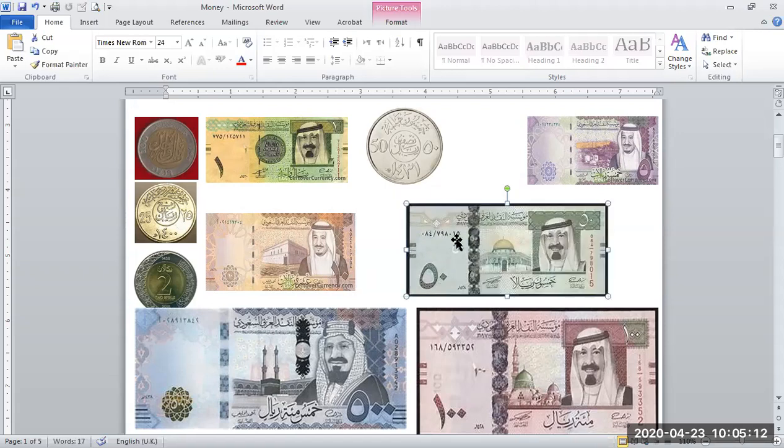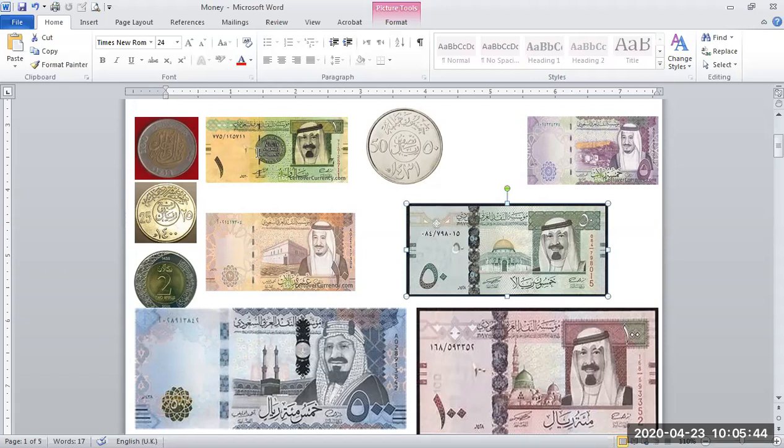Look here, this is 25 halala, and this is 50 halala, and this is 1 riyal, and this is 2 riyal. These are four coins that we mostly use, and there are also coins less than this, 10 halala and 5 halala, but these we mostly use now.